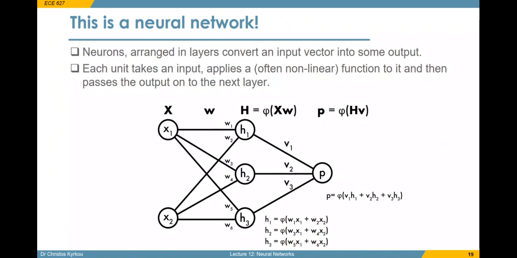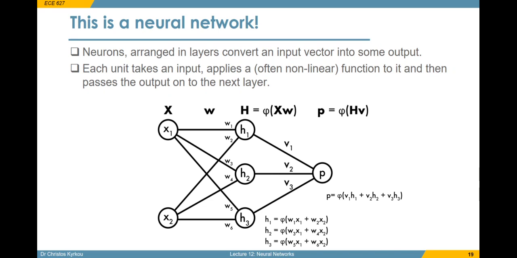So neurons that are arranged in such a way convert our input vector into some nonlinear output, and you can think of it as each layer applying a different nonlinear transformation to its own input.